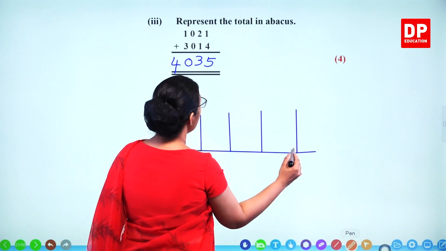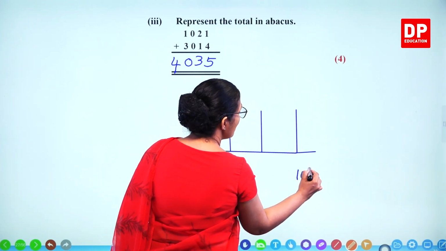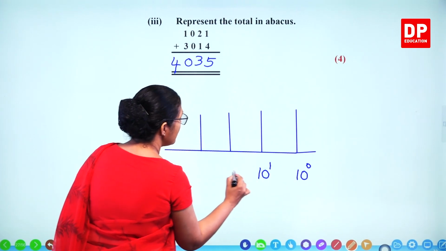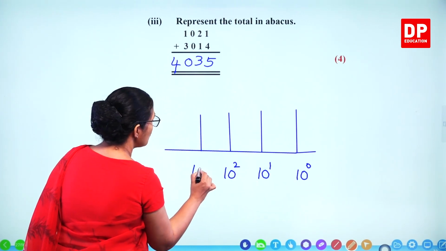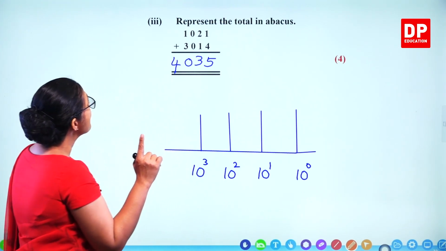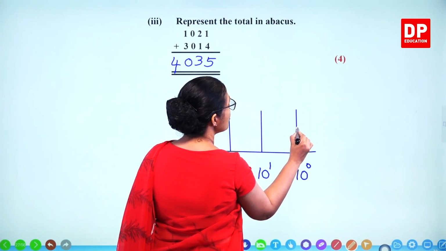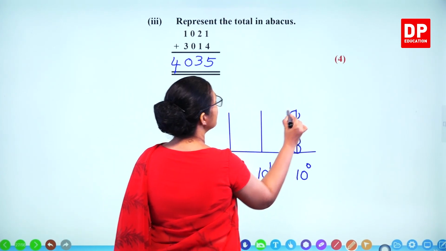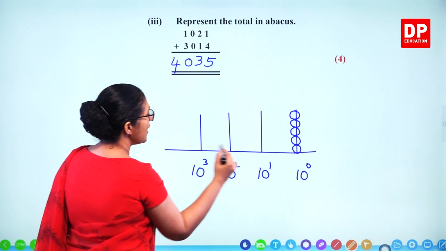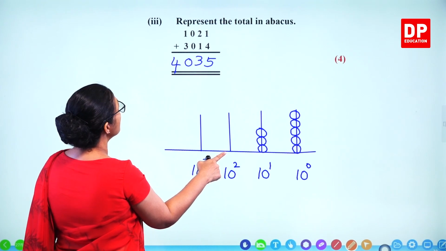And then you can write, this is units place, that's 10 to the power 0. This is 10 to the power 1. This is 10 to the power 2, 10 to the power 3. Thousands place. So units place 5. So 5 beads you have to draw. 1, 2, 3, 4, 5. Tens place 3. This is nothing here.